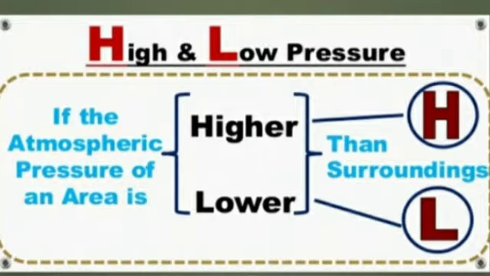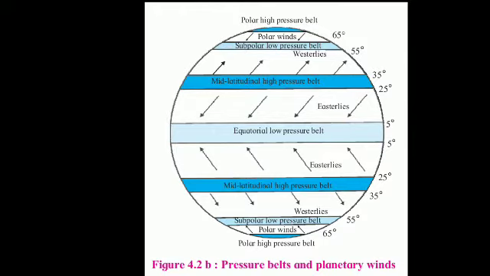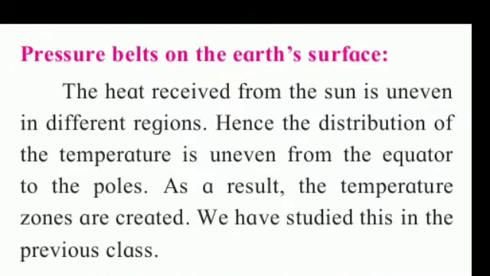So this we have learned and discussed in our first part. Now students, in today's lecture, we are going to learn everything about pressure belts. So let's start. Pressure belts on the earth's surface.